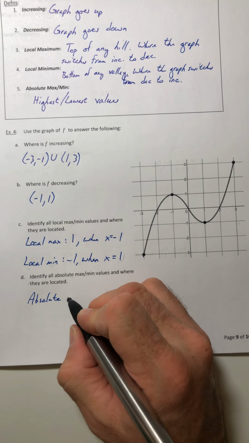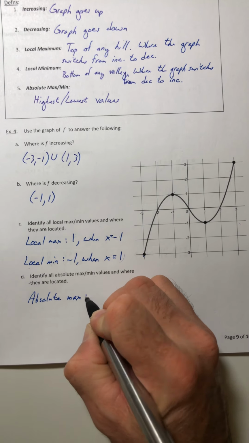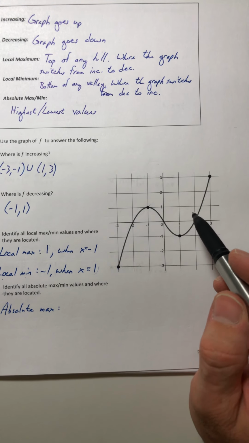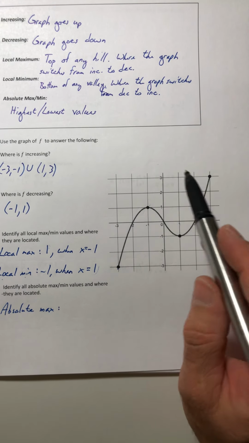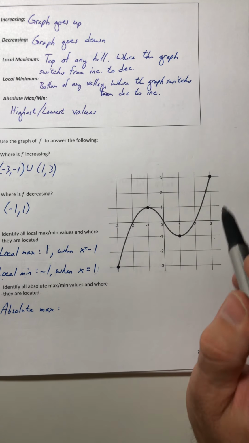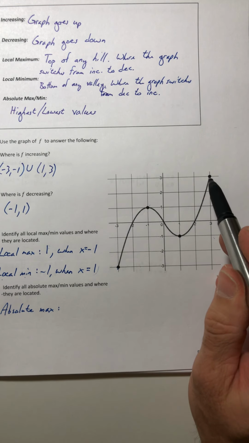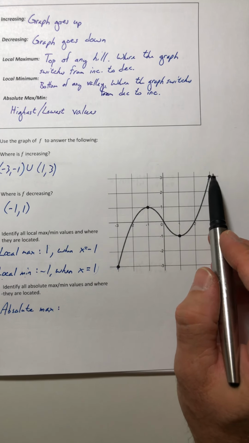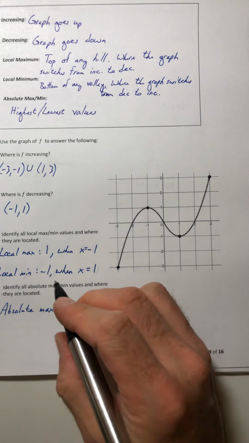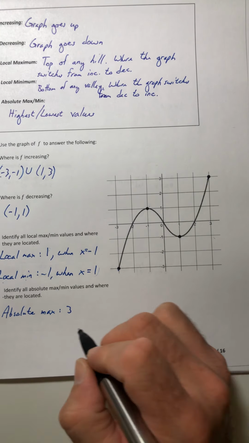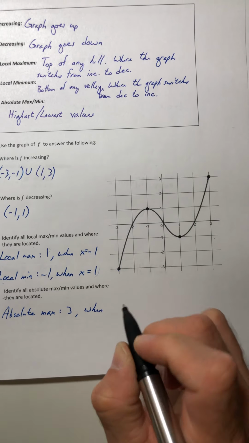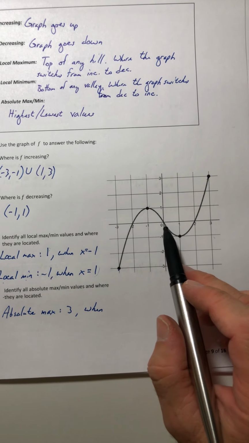Okay, so the absolute max, you're looking at your graph going, okay, what is the actual highest or the largest y value on this entire graph? Well, that would be right there. This point here is the highest on the entire curve. So the max value itself is 3. And then the location is the x value that goes with it.